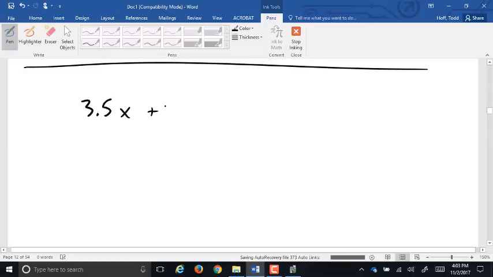3.5x plus 7.5 equals 18. To solve this equation, where would I start? We subtract 7.5 from both sides. So over on the left side, we have 3.5x left.